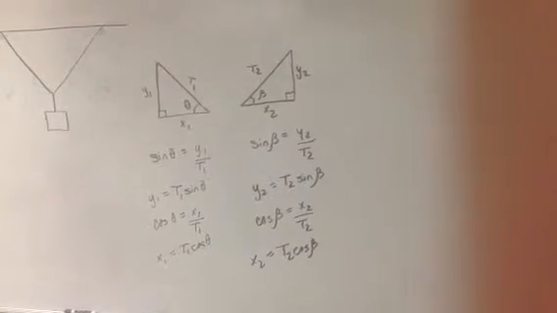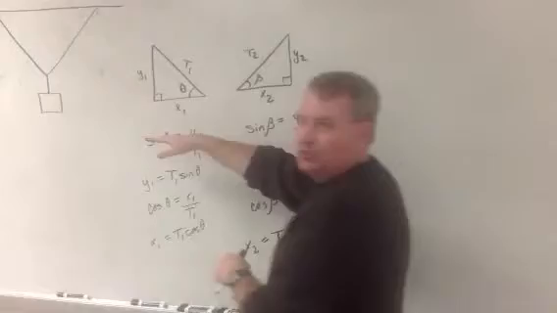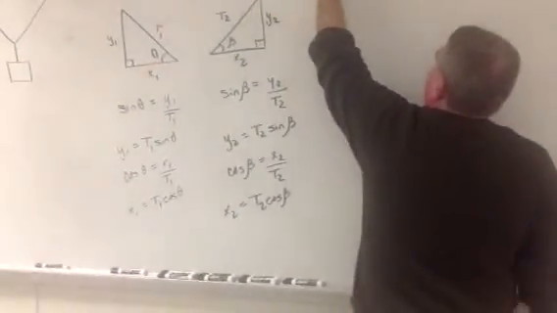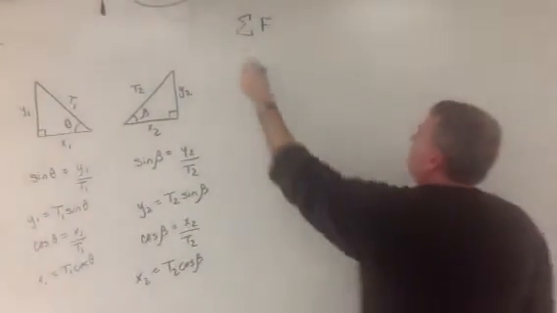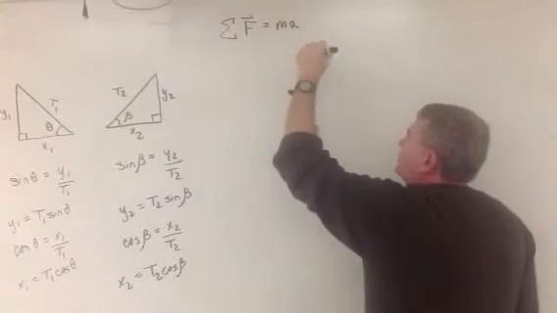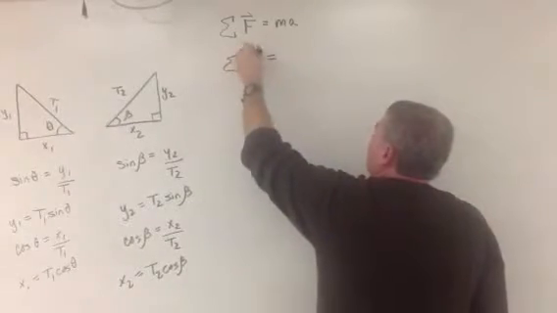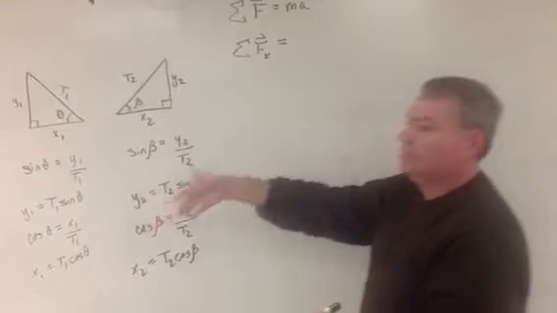Now, this just breaks up the forces into components along their directions. What we now need to do is sum the forces in the x and y direction. We learned earlier that the sum of all forces is equal to mass times acceleration. So the sum of the forces in the x direction is going to be equal to x2 minus x1 or x1 minus x2.